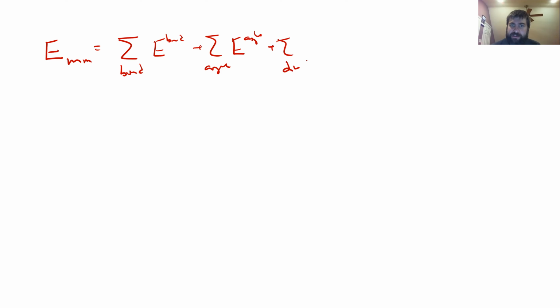It is written, if we take it in the standard form, as a sum over all of the bonds and a bond energy, and a sum over all of the angles, and an angle energy, plus a sum over the dihedral angles, and then we add to this a sum over all pairs of a Lennard-Jones or a van der Waals, plus a Coulombic or an electrostatic energy.